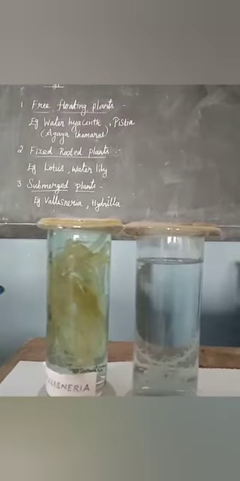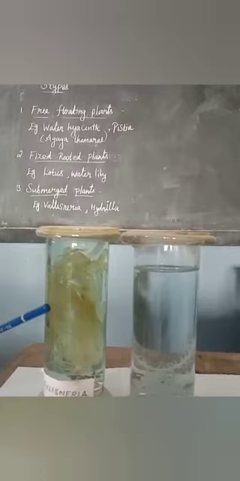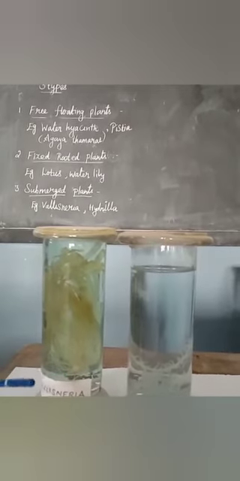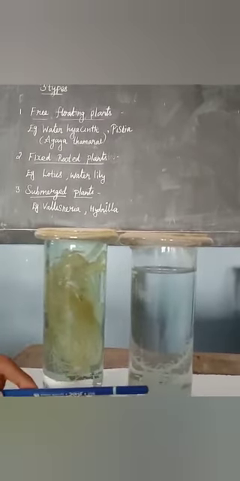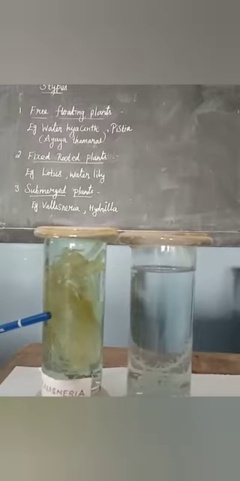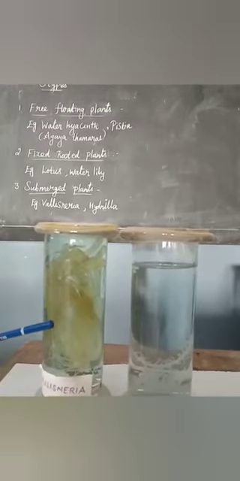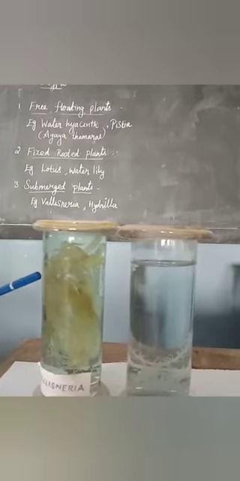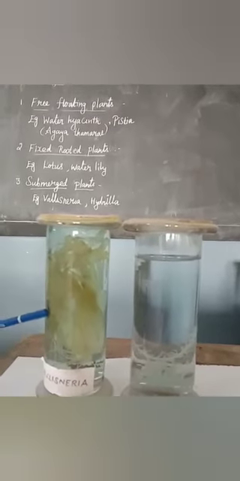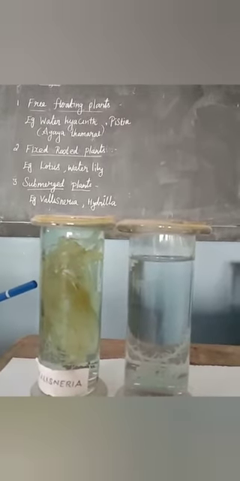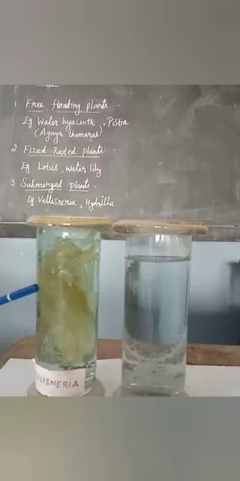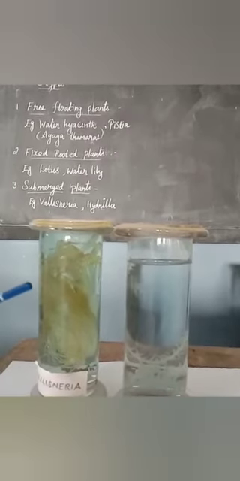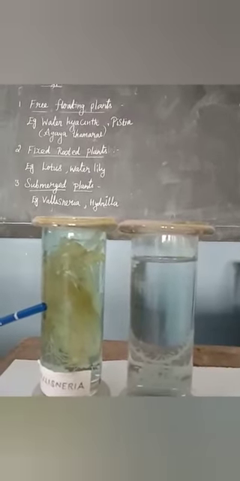Next, submerged plants. Example, Wallisneria and Hydrilla. These plants are completely submerged in the water. When you look at the Wallisneria, this plant is completely immersed in water. We can see the Wallisneria only at the bottom of the water.